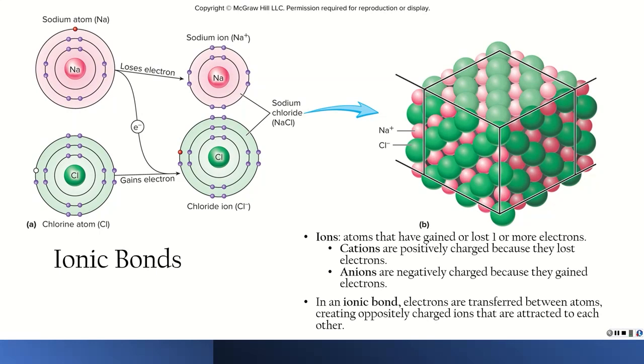So an example here of ionic bonds, like table salt, sodium chloride. Sodium has an extra electron in its valence shell, right? It loses that to the chlorine, right? So now the sodium becomes positively charged because now it has more protons than electrons, and the chloride ion now has more electrons than protons, so now it's negatively charged, right?